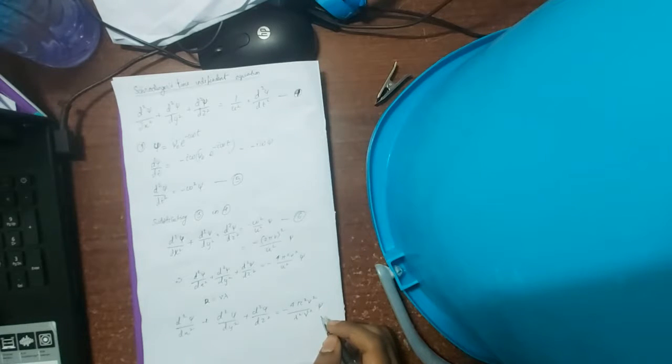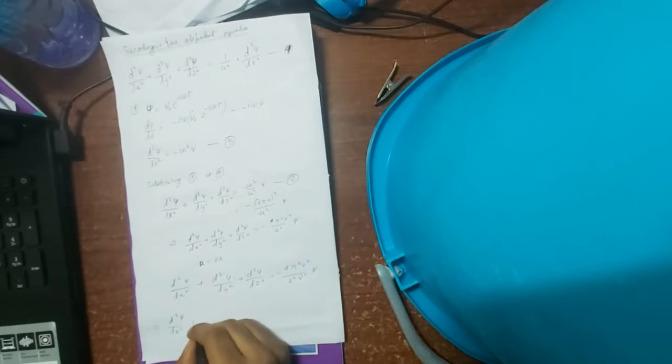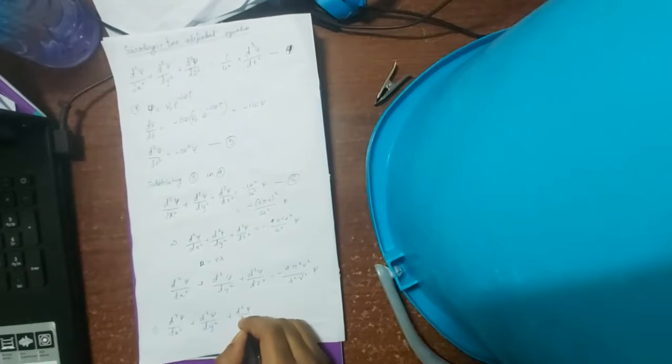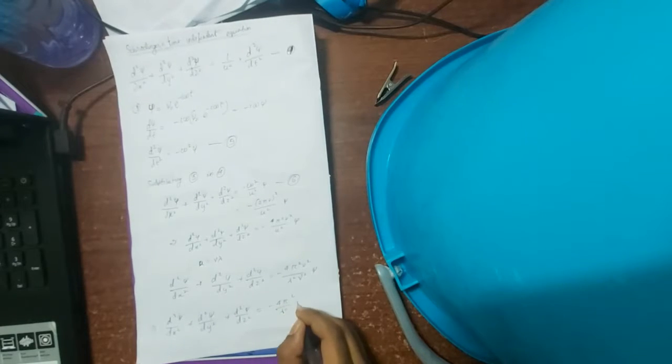So d square psi by dx square plus d square psi by dy square plus d square psi by dz square is equal to minus 4 pi square by lambda square into psi. Let this be equation number 7.